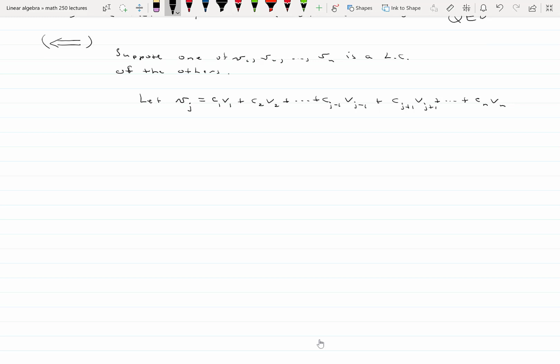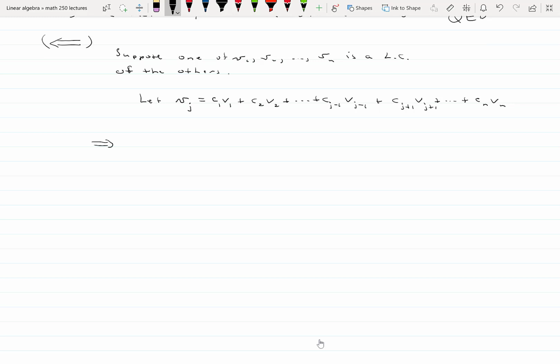What I just said is a fancy way of subtracting v sub j from both sides. But we don't have that operation. So again, if the left-hand vector equals the right-hand vector, then the right-hand vector plus the opposite of the left-hand vector should equal 0. I'm going to write that as our next equation.